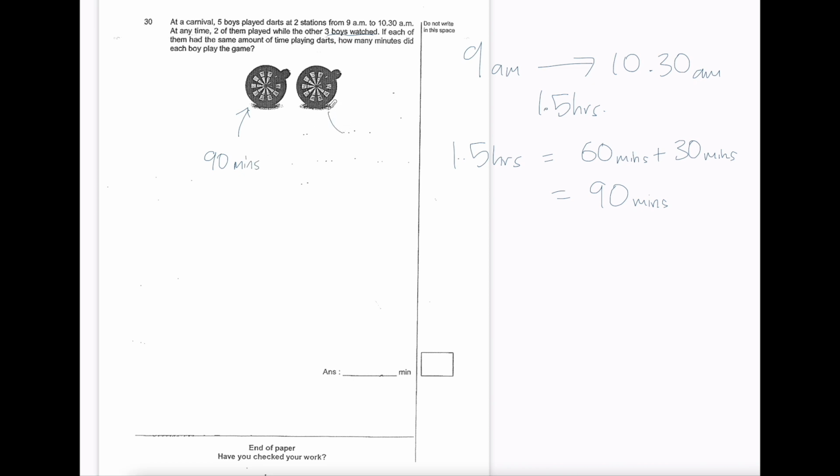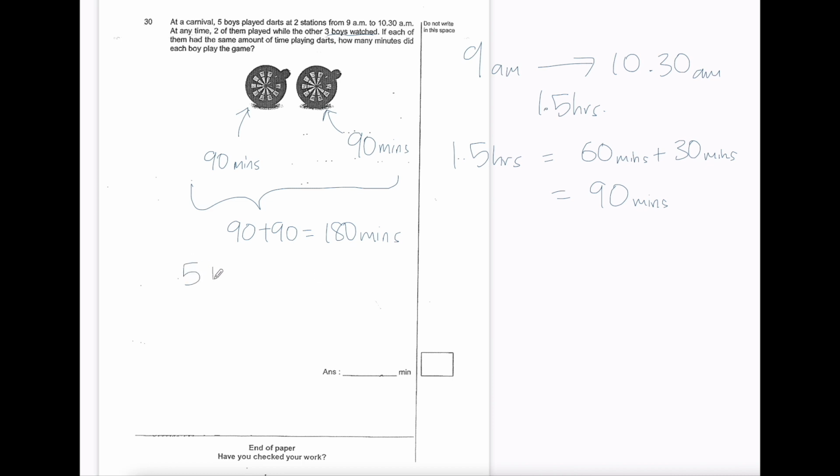And this dartboard will also be available for the boys to play for 90 minutes, okay? Because both dartboards are being used by the 5 boys from 9 a.m. to 10:30 a.m. Do you understand? So in total, the dartboard will be operating for 180 minutes, okay? 90 plus 90. Do you understand?